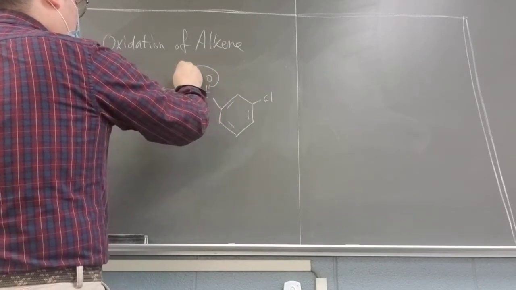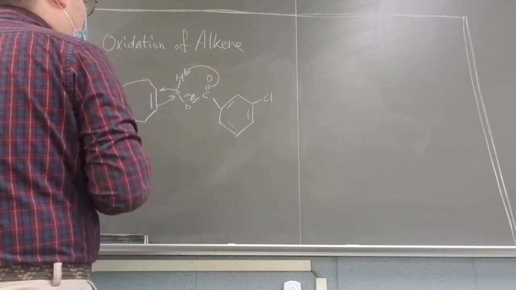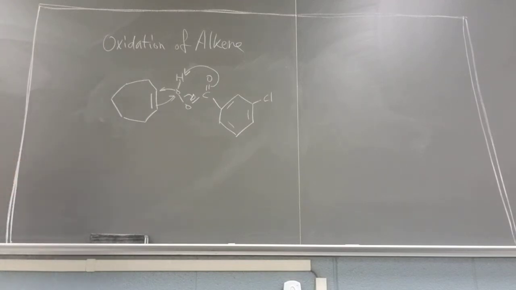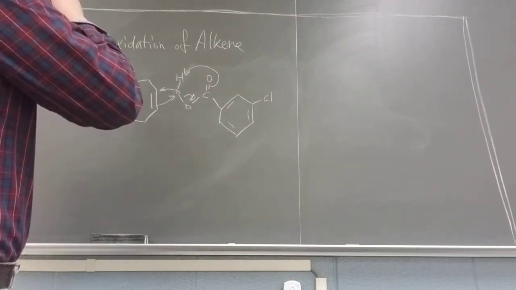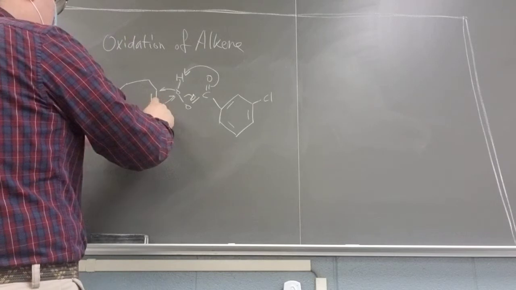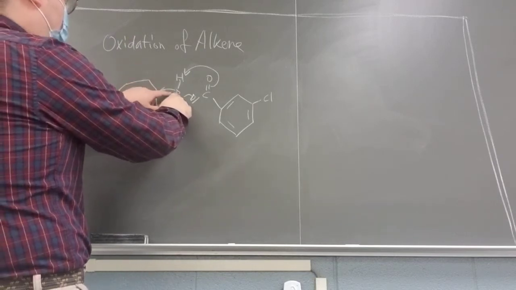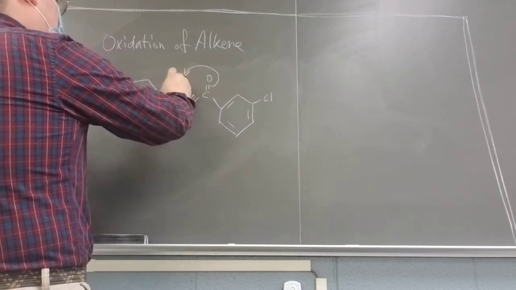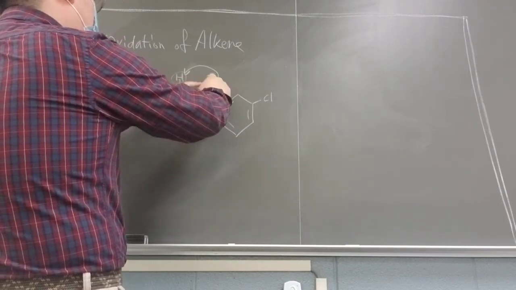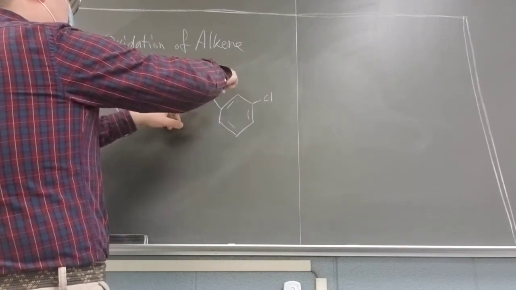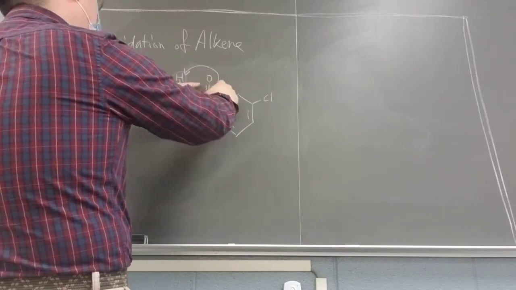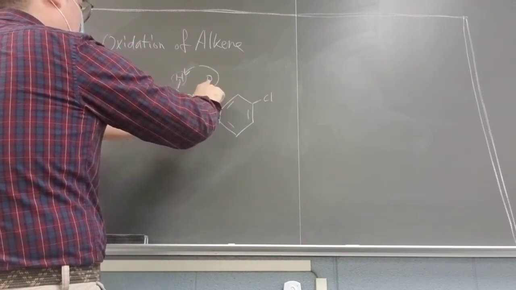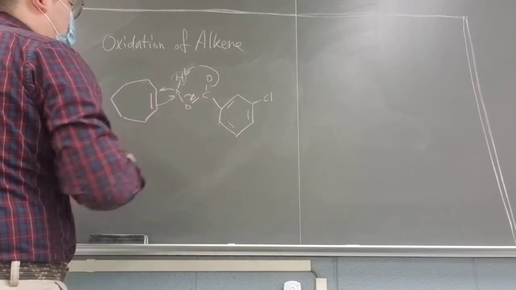This goes to here. This is what's happening. So this is how the pair of electrons goes there, pair of electrons goes there. But this hydrogen will be picked up by the oxygen in the carbonyl group here. So this will be gone, and there will be a double bond here.